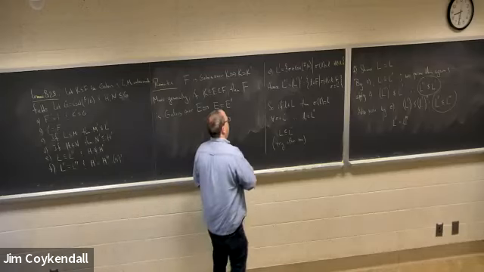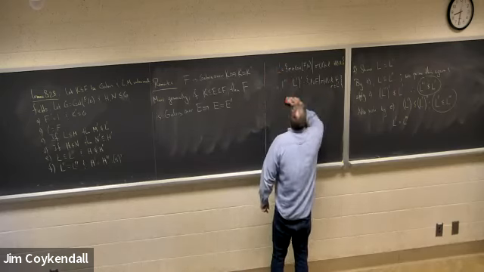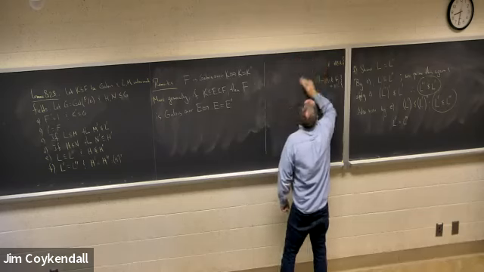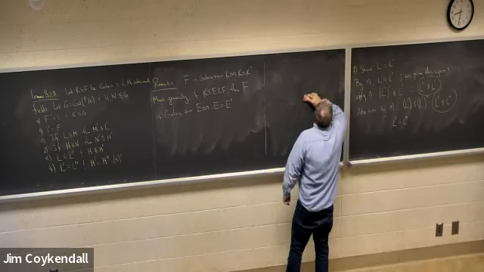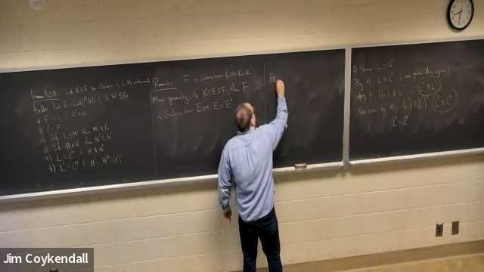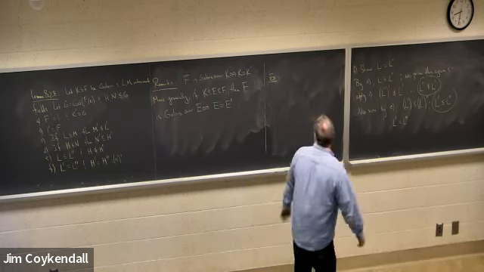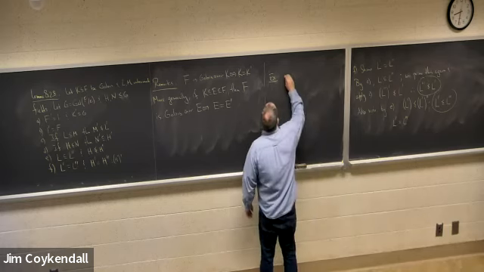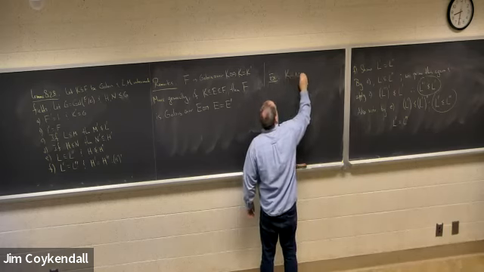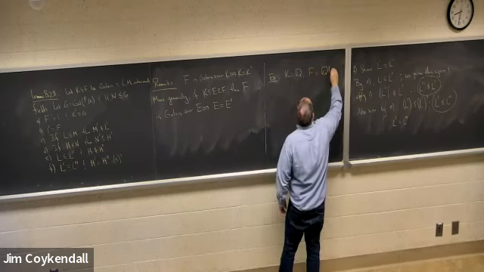So let me give you an example here. I'll give you an example, a non-example, an example. Let K equal the rational numbers, let F be Q adjoin i.